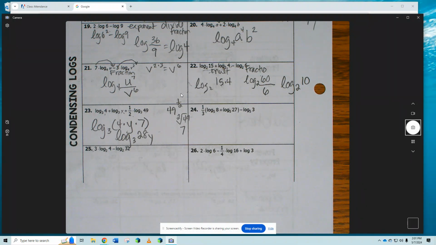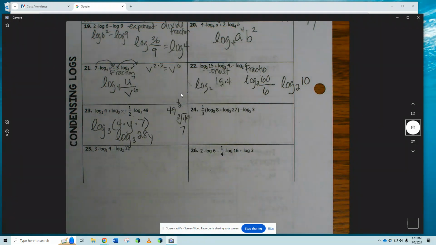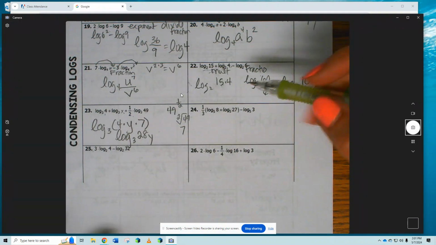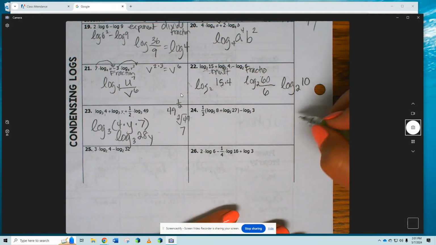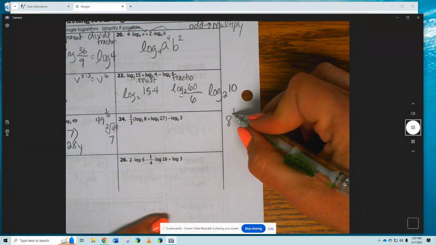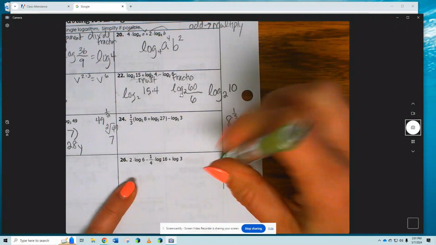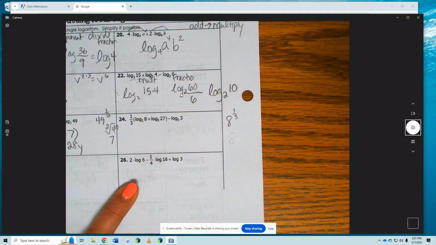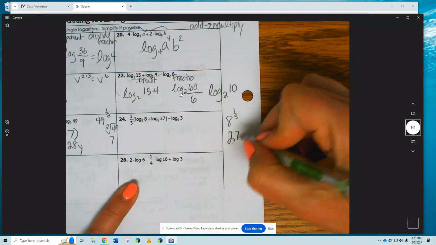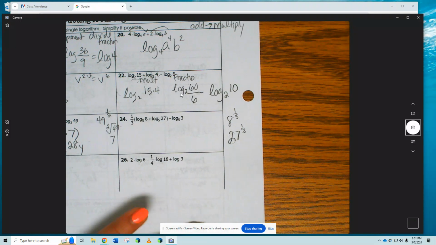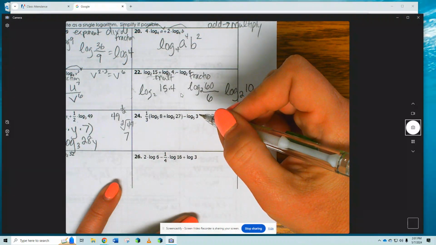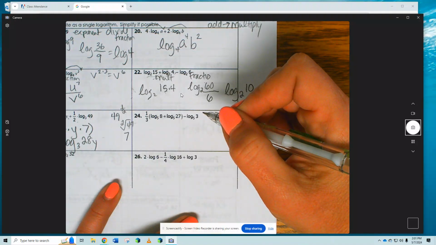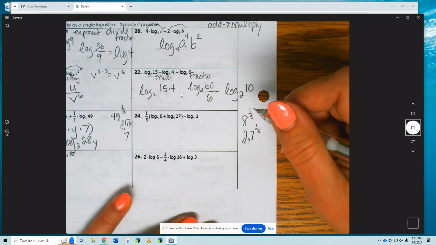Last one. Okay. The 1/3 power of 8 and the 1/3 power of 27. You guys, you know that 8 to the 1/3 reduces and 27 to the 1/3 reduces, right? So here's what I'm going to do. First, I'm going to multiply. I don't want to multiply 8 times 27.